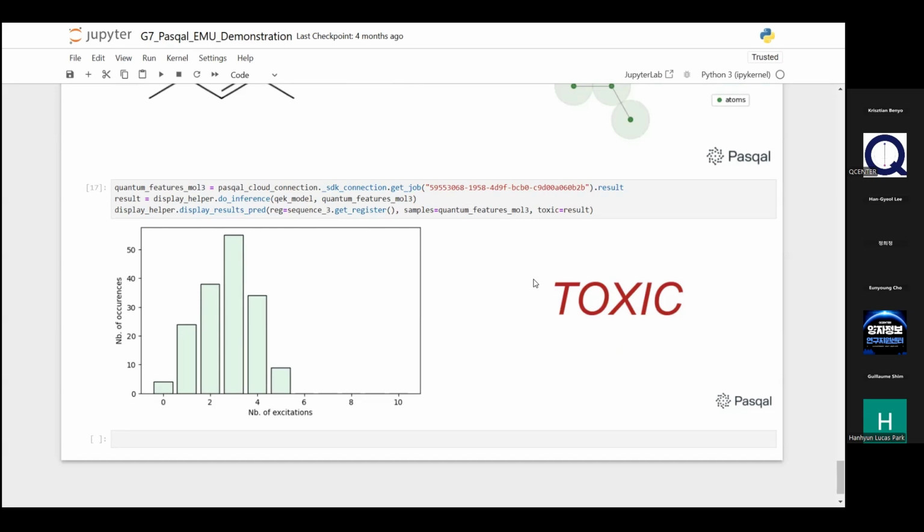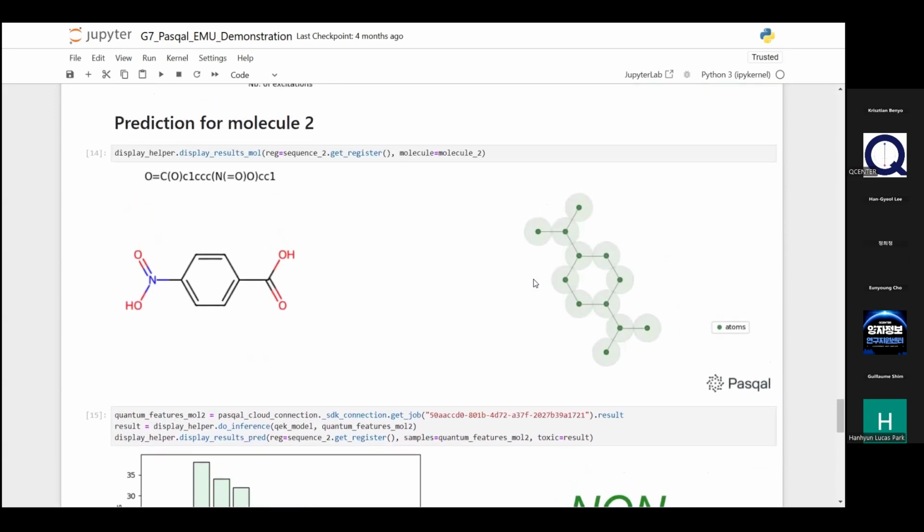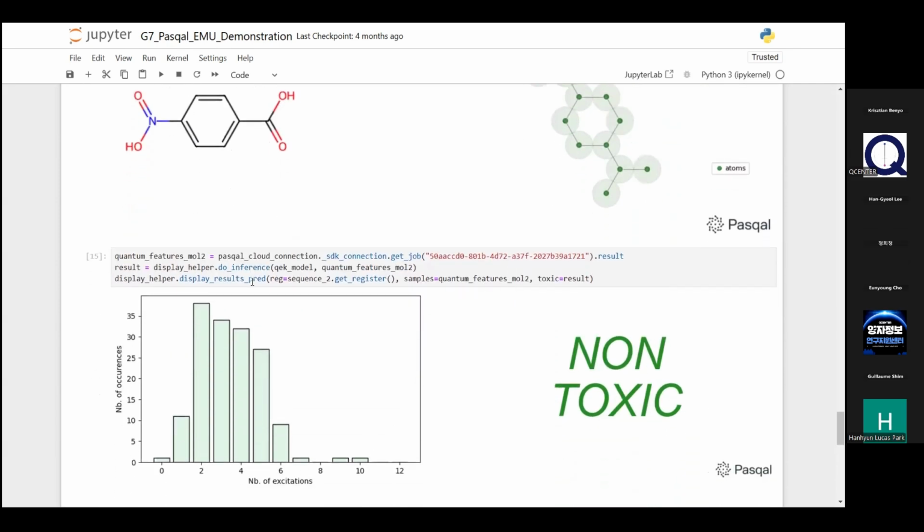Of course, this is a simplified example. I just wanted to showcase how it would work in practice. So the idea is to encode the molecule on the atomic register, then design pulse sequences. Potentially it can be quite complex, or in this case relatively simple, in order to extract some meaningful measures. These meaningful measures can be the probability distribution of the actual bit strings, or it can also constitute something much more concatenated, such as the number of excitations in this case.